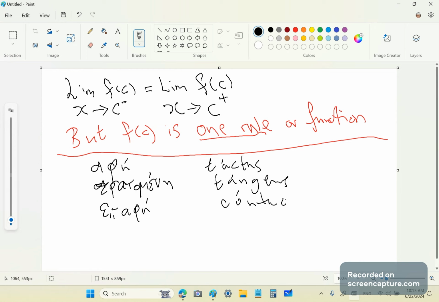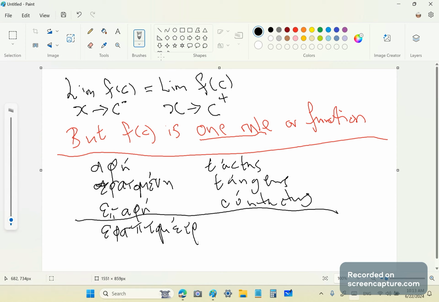Okay. And the word I made up is the following. Ephaptometro. Okay. And in Latin that would be tactus meter.